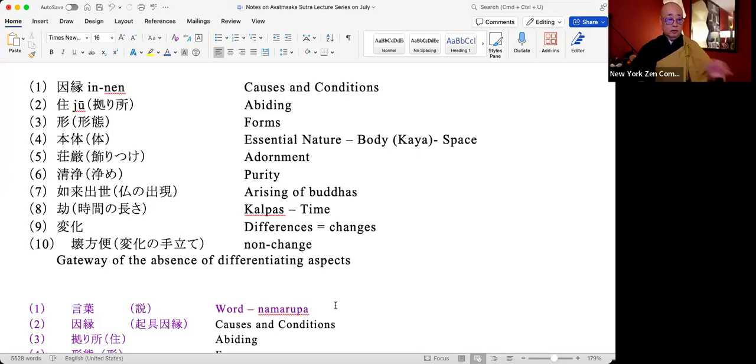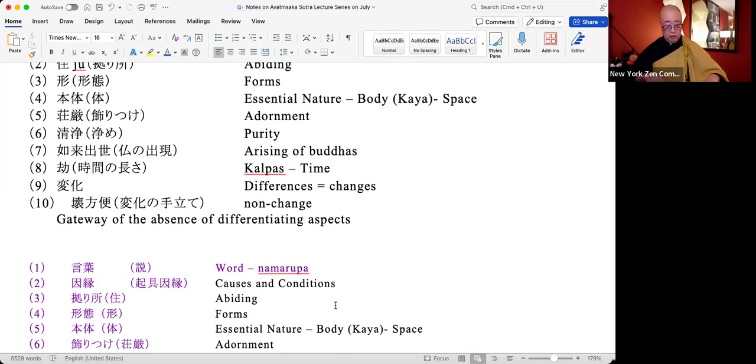But anyway, let me just go back to the pointer. So in other words, what they are talking about is that for this world to appear or to form, there are lots of causes and conditions.